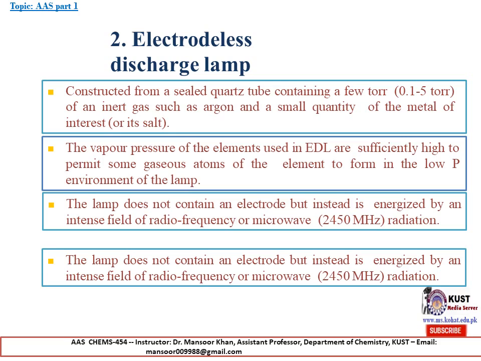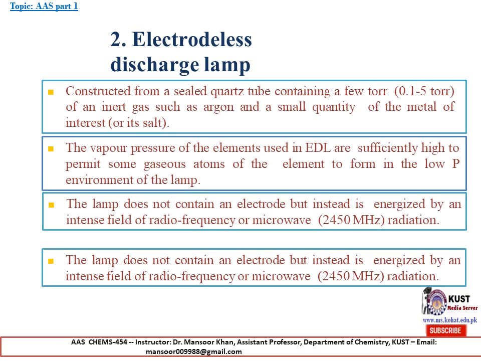The vapor pressure of the element used in the electrodeless discharge lamp is sufficiently high to permit some gaseous atoms of the element to form in the low pressure environment of the lamp.